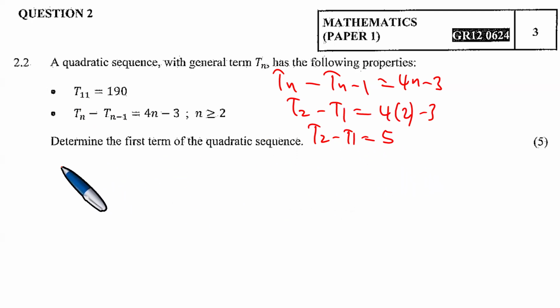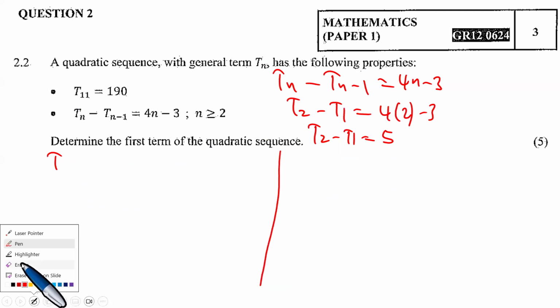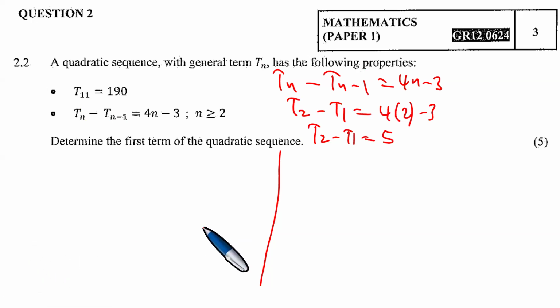Let us divide our whiteboard like this and make the following observation. What would T3 be?